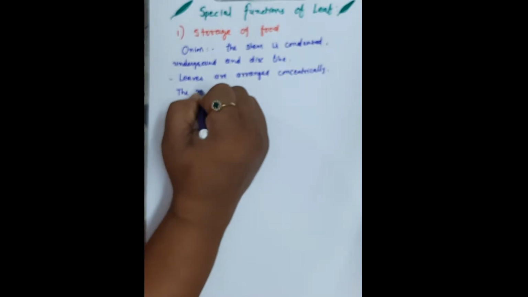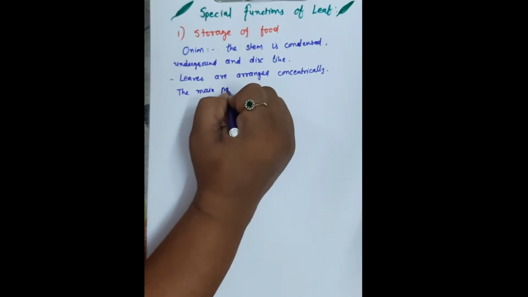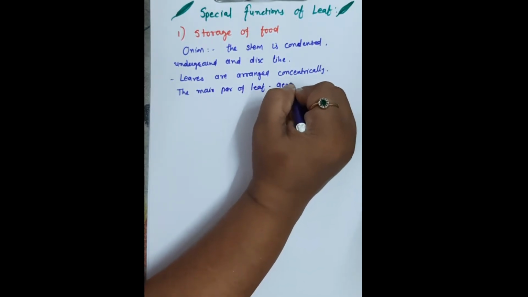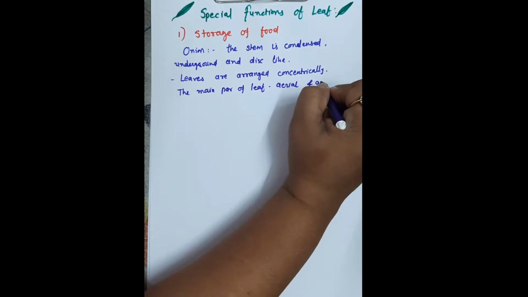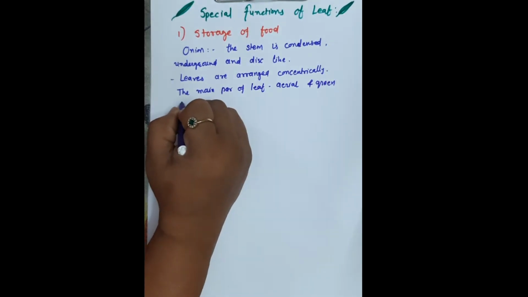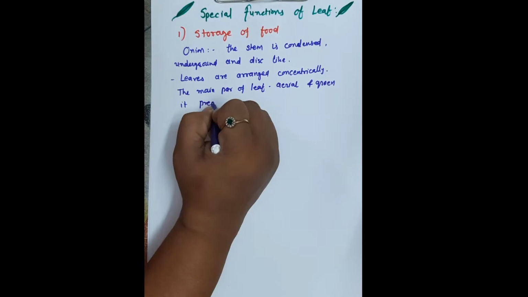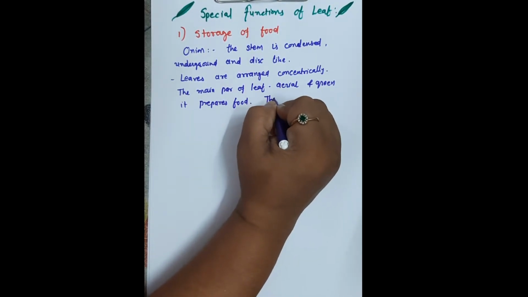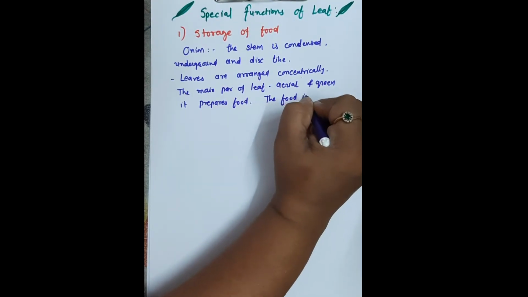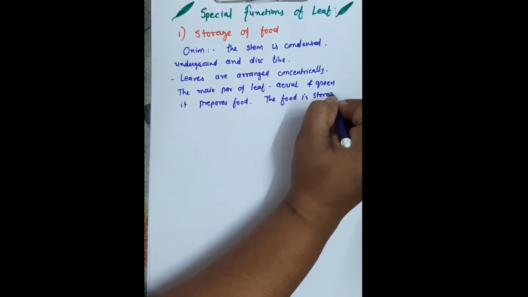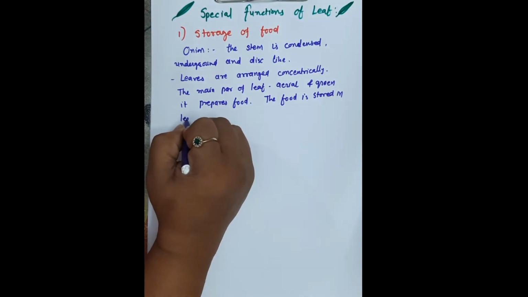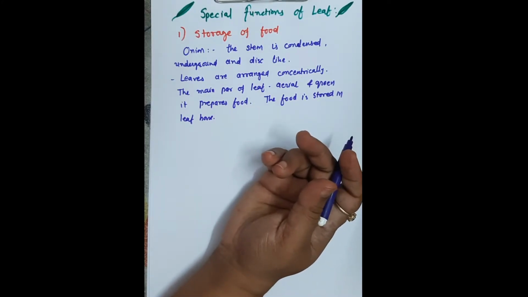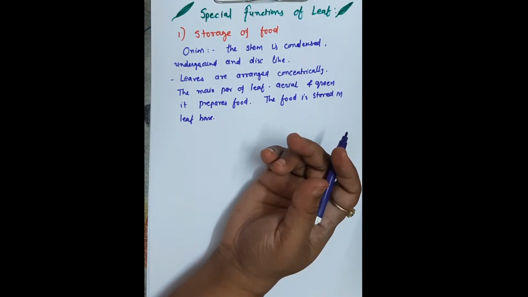The main part of the leaf is aerial and green, and it prepares food, and the food is stored in the leaf base, and the inner leaf bases are fleshy, right?